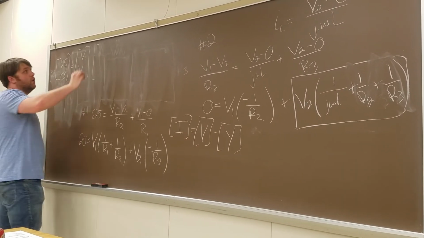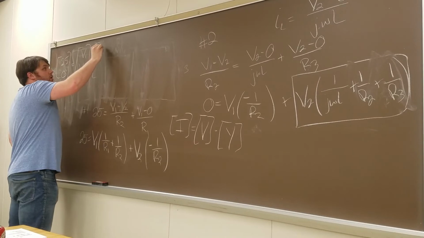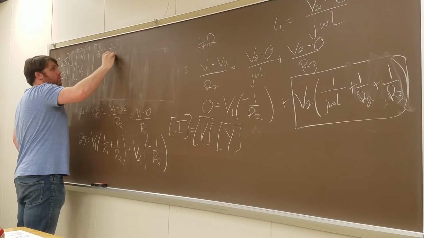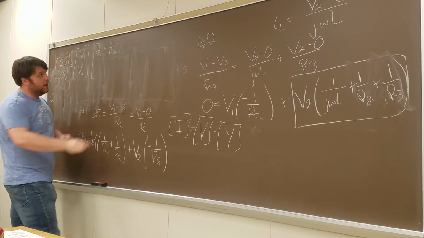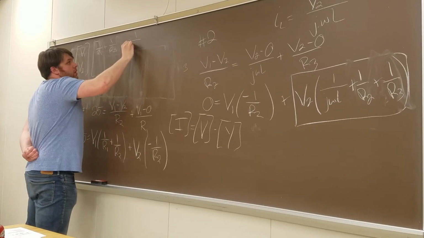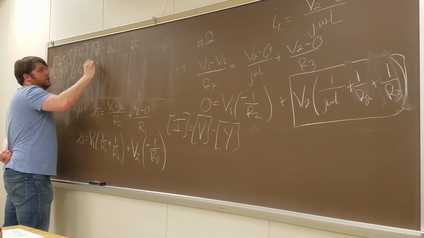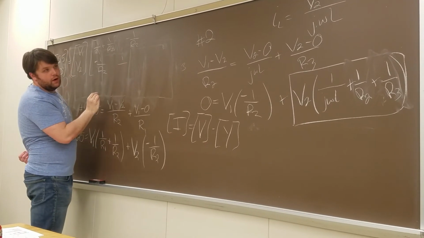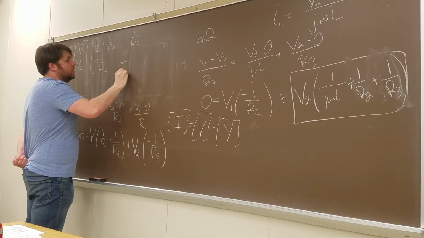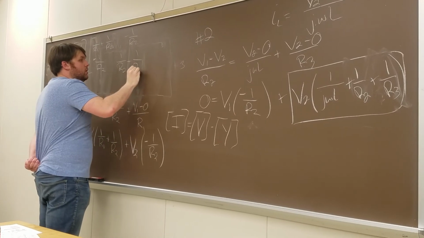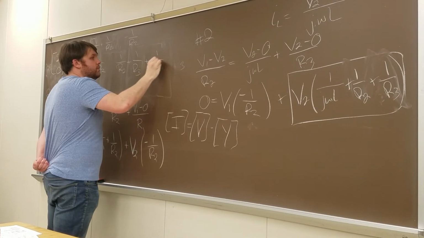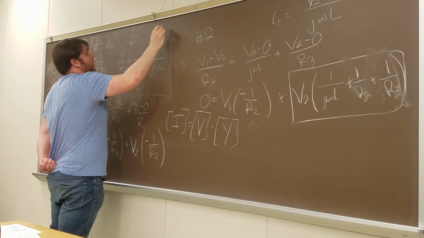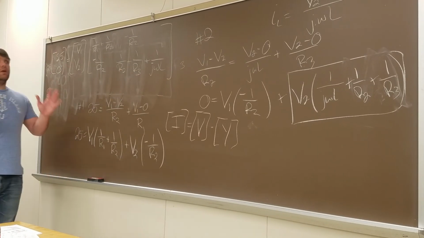Okay, so 1 over R1 plus 1 over R2, negative 1 over R2, negative 1 over R2, 1 over R2 plus 1 over R3 plus 1 over j omega L.